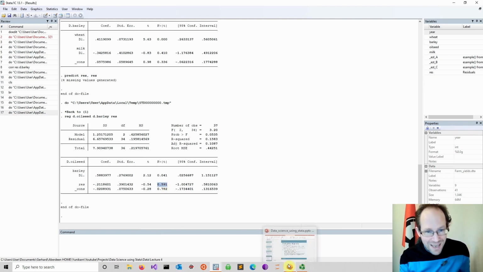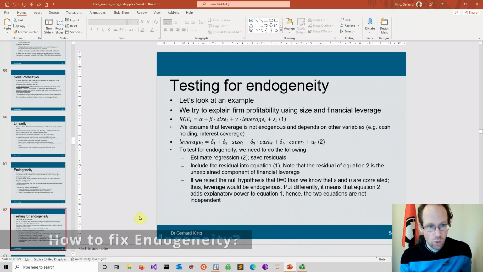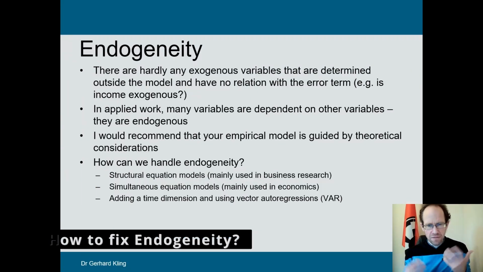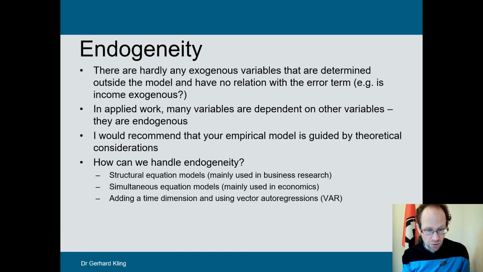Now, what if there is a problem? What do you do? How can you fix it? Well, the standard solution, in particular in the econometric literature, is to look for so-called instruments. So you look for an instrument which has a high correlation with the suspicious variable that causes the problem, but is uncorrelated with the error term.